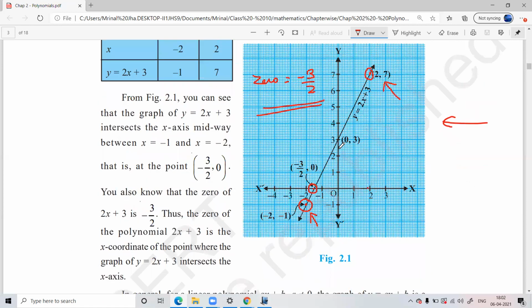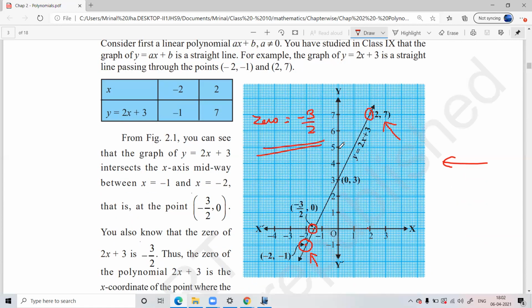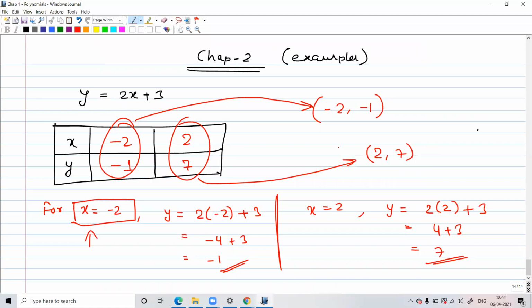Right. So if we have a linear polynomial, finding the 0 of a linear polynomial is very easy. Let's do that.